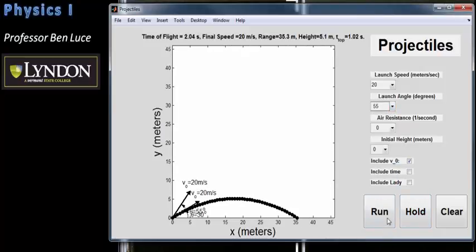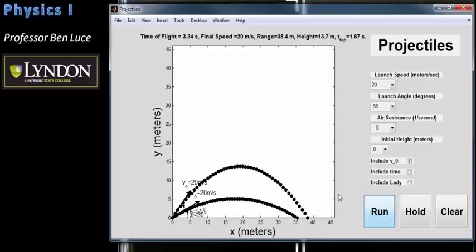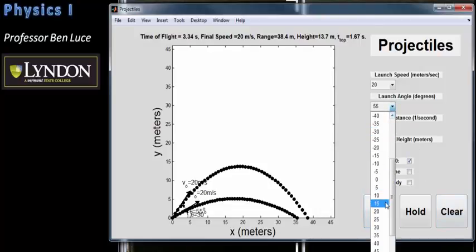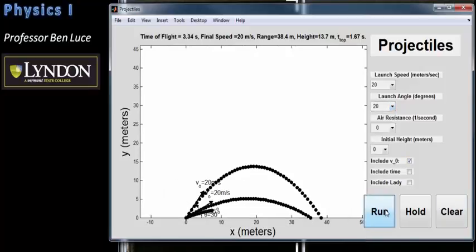Pick 55 degrees here, just to be sure. So we obtain now a different time of flight and a different range, but yet the final speed is still 20 meters per second. Let's take one more. Let's take an angle of, say, 20 degrees. Very shallow. And here too, we obtain a final speed of 20 meters per second.